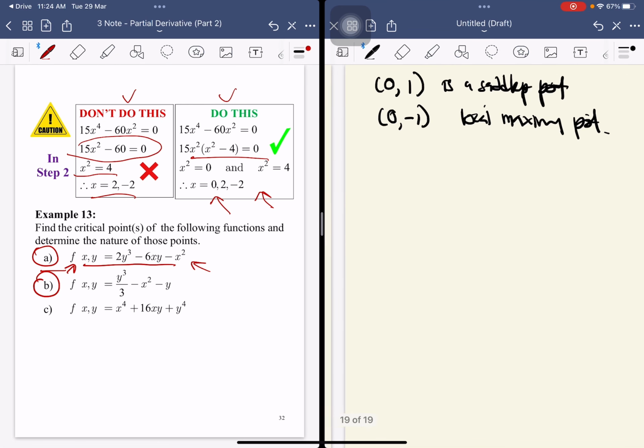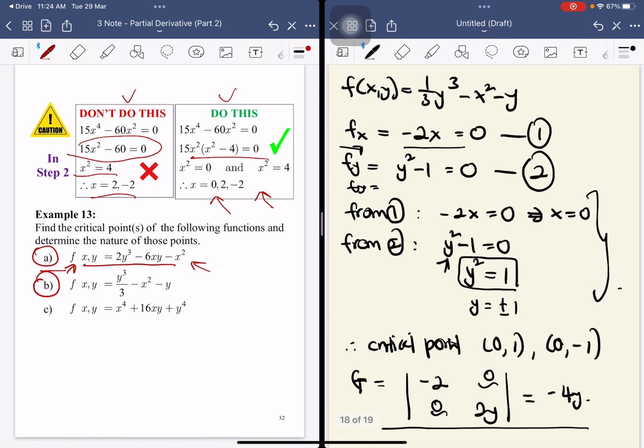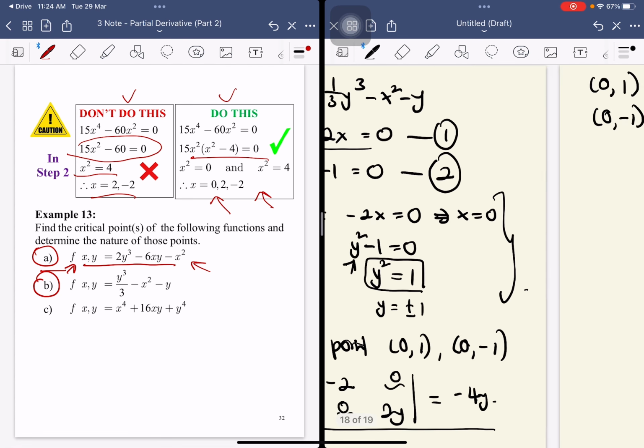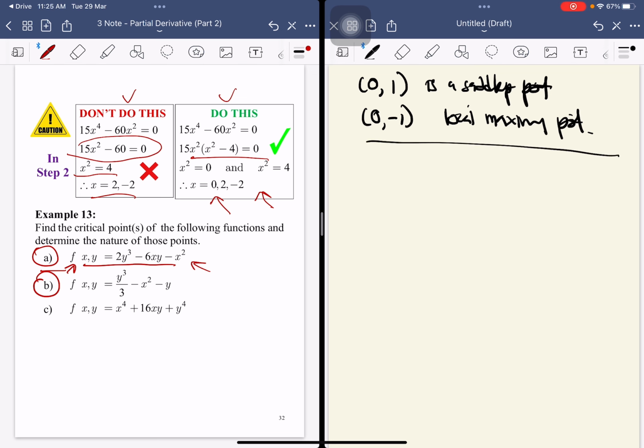I would like you to continue for this one. I did give you a clear explanation on the first question, so I'd like you to continue on your own until you can achieve this conclusion.